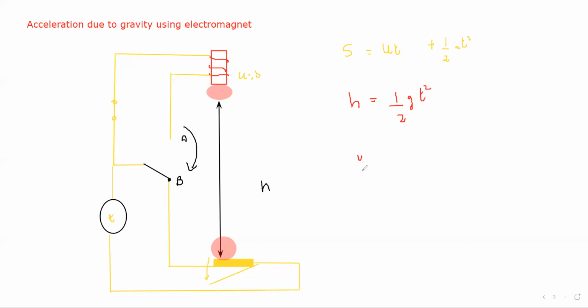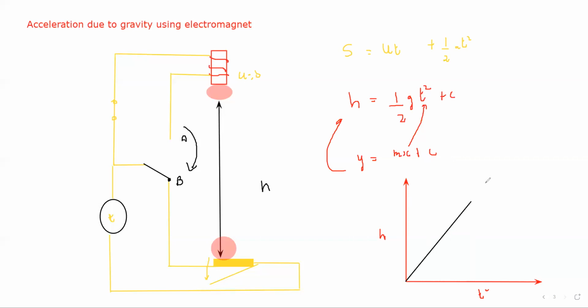If I compare with the equation of a straight line, y = mx + c, on the y-axis I plot height, and on the x-axis I plot time squared. The y-intercept is 0. Then what will be the gradient in this graph?